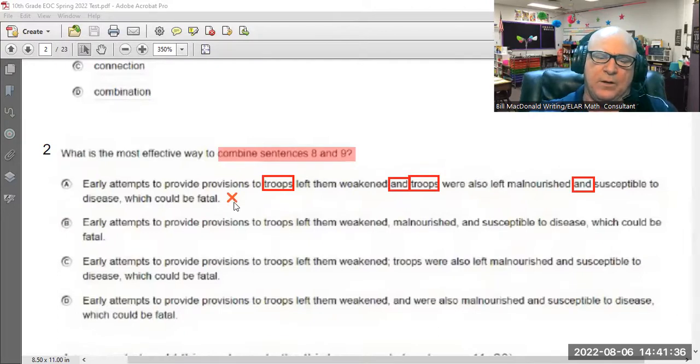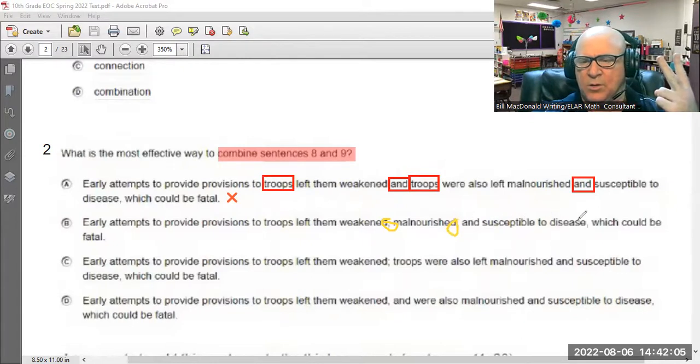Okay. Option B: "Early attempts to provide provisions to troops left them weakened," comma. There's my first item in a series. "Left them weakened," comma. Since I'm slowing down, I'm going to put a little yellow ball there. "Malnourished," comma, "and susceptible to disease," comma, "which could be fatal."